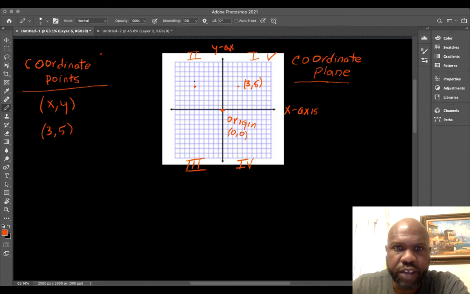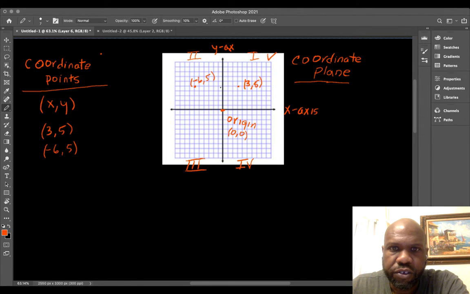So the coordinate point is (-6, 5). I think we get the idea of making a point in a quadrant.